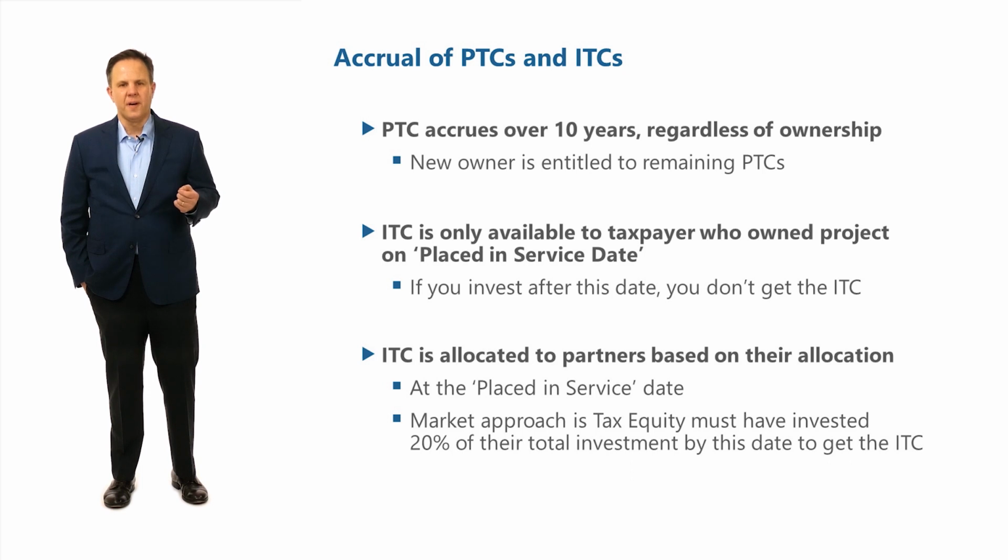Since renewable energy projects also claim the ITC, and there's a lack of guidance for renewable energy, the renewable energy industry looks to this 20% rule that's from the historic building ruling. So for renewable energy, we want to have the tax equity investor have made at least 20% of its investment by the date the project is placed in service.